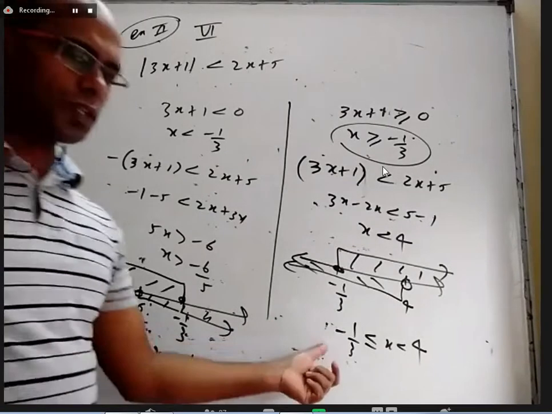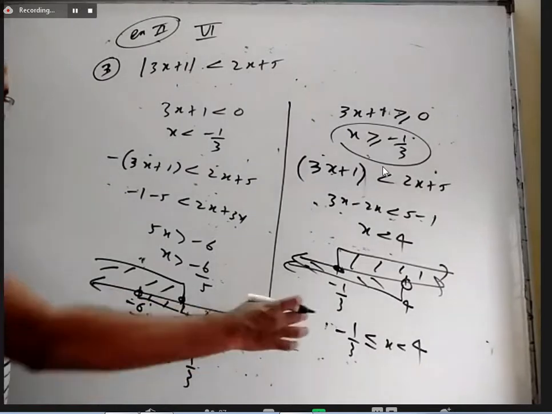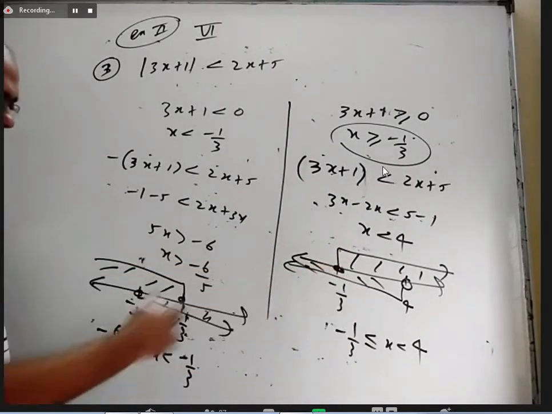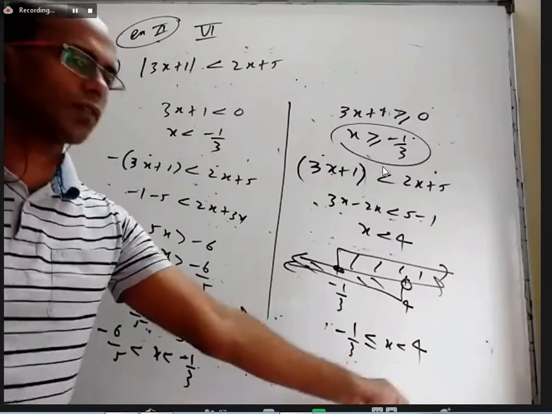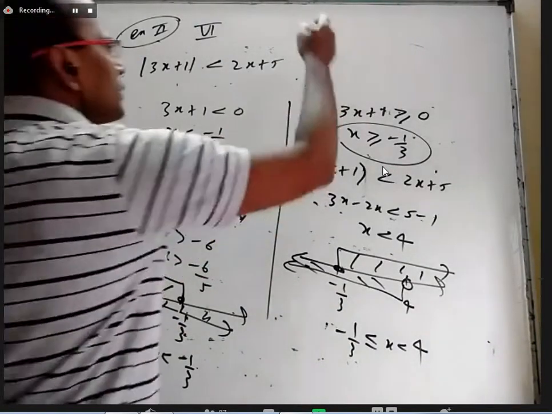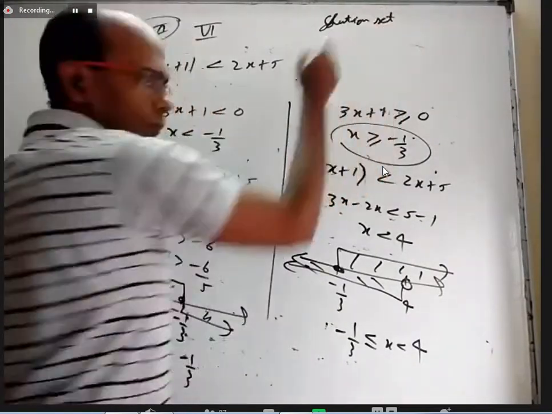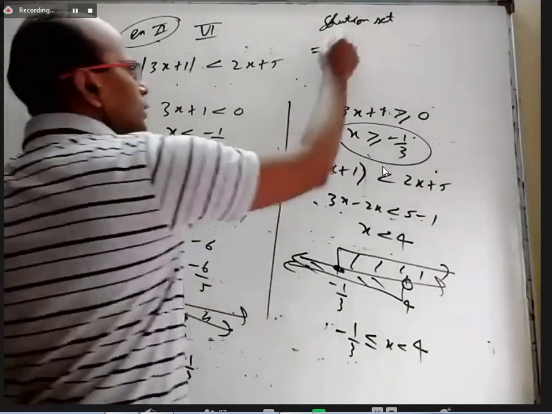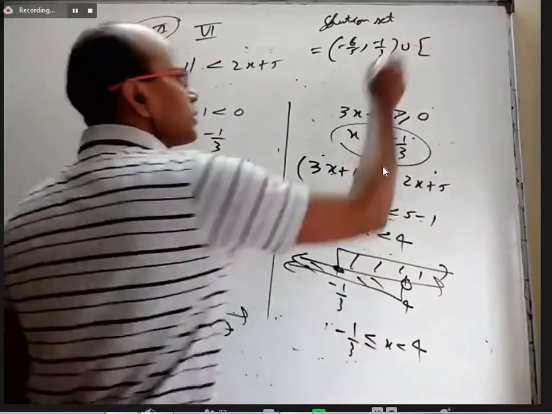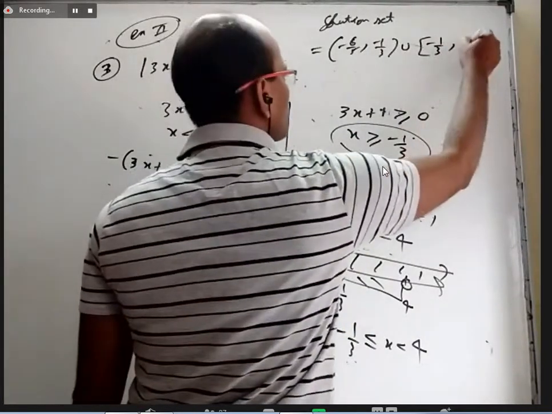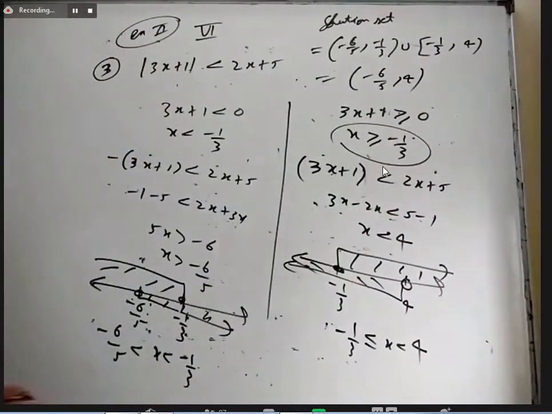You can see this and this both are together, we can write this or this. This piece and this piece when you take, actually it covers minus 6 by 5 to 4, everything. This will cover minus 6 by 5 to minus 1 by 3. Starting with the same number, it will cover up to 4. So when you take the solution set, which is here minus 6 by 5 to minus 1 by 3 union, here minus 1 by 3 to 4, that is total minus 6 by 5 to 4, the complete answer.